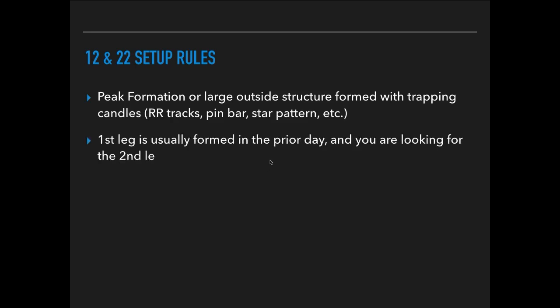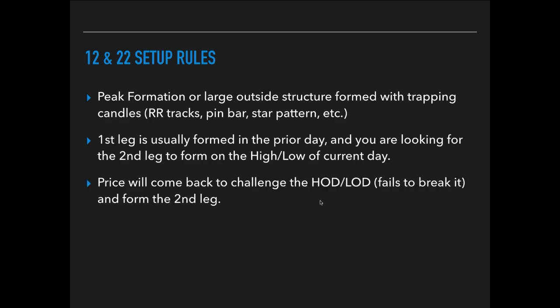The first leg is usually formed on the prior day, and then you're looking for the second leg to form on the higher low of the current day or the next day that you're looking at the setup and you see the outside structure formed. Price will generally come back to challenge that outside structure, so it becomes the high of the day or the low of the day from yesterday, and then it fails to break it. And then that'll form the second leg.